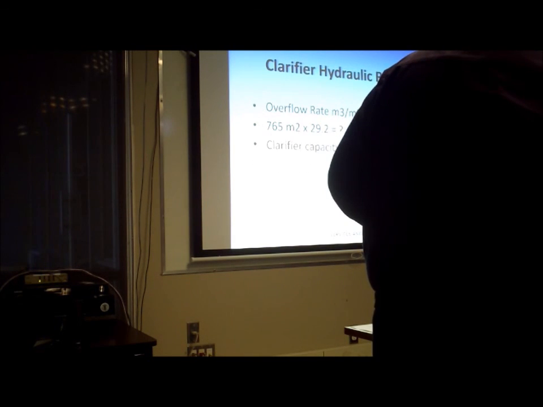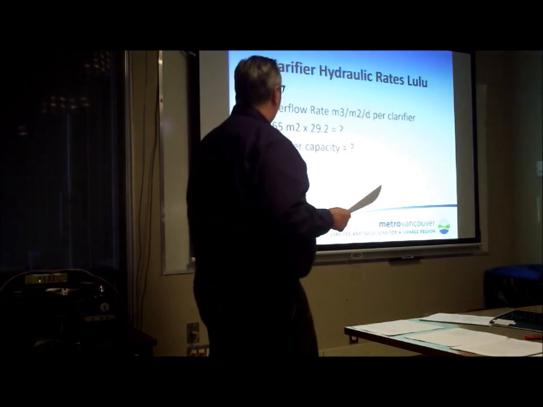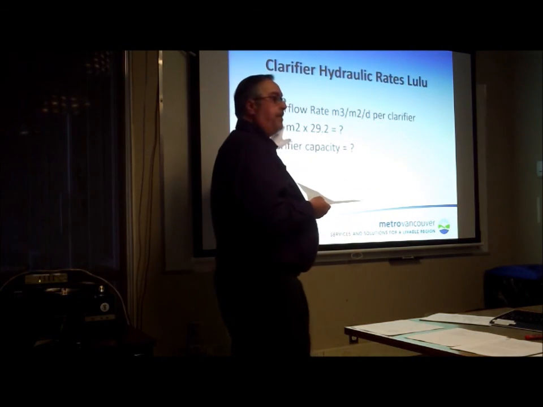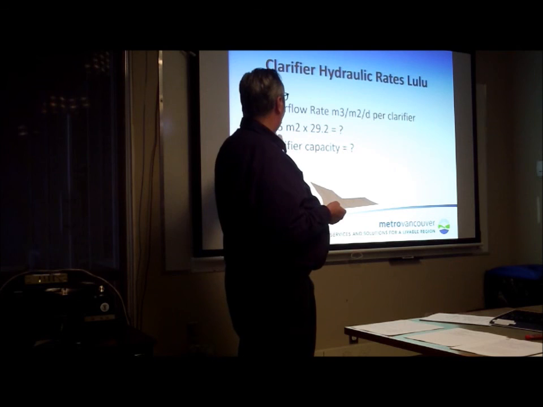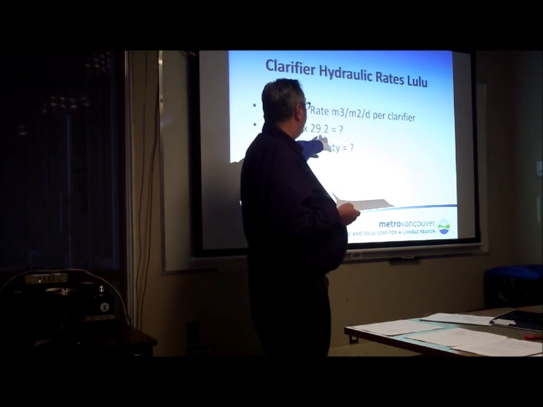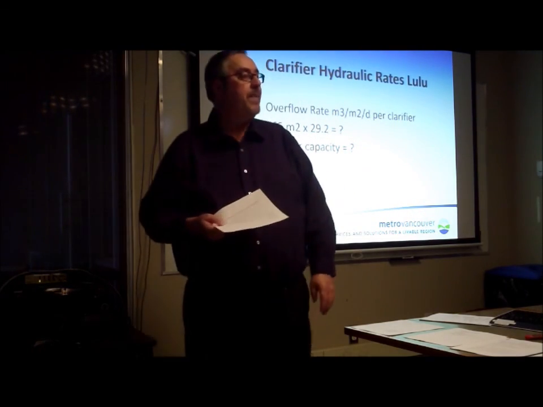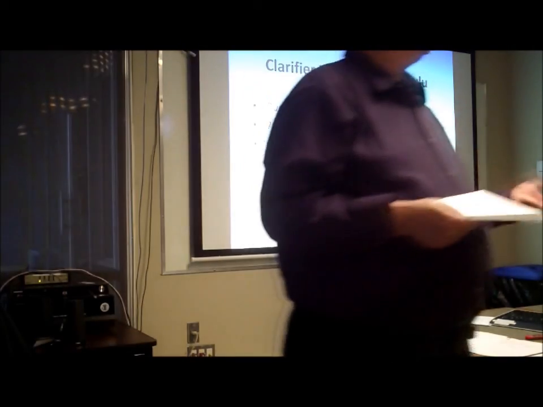So now what we want to do is calculate the overflow rate per clarifier. The surface area per clarifier is 765, and the design rating is 29.2. So basically we multiply the two, and that gives us the capacity of one clarifier.